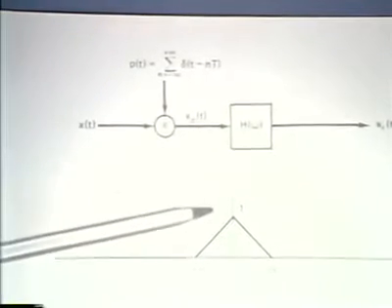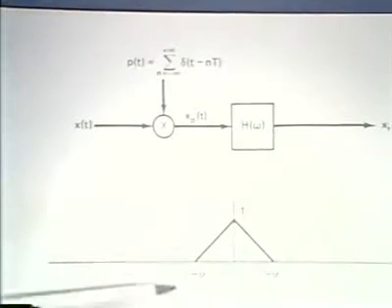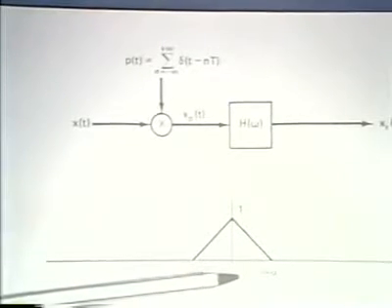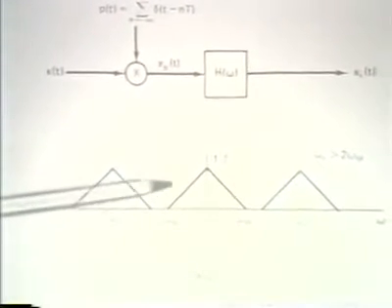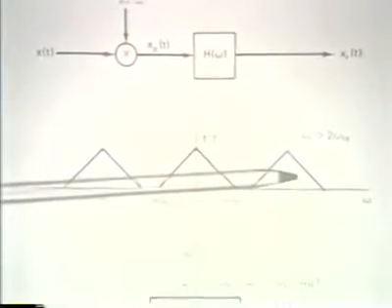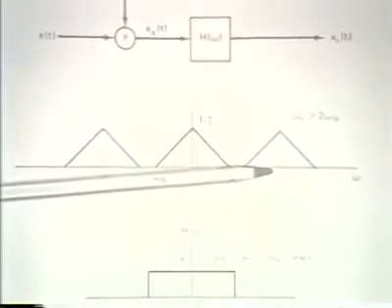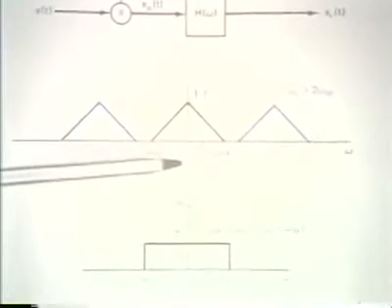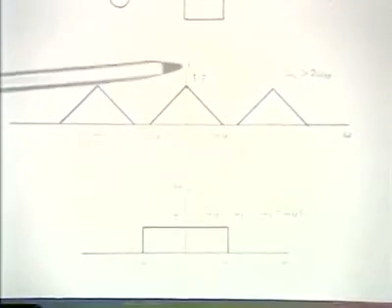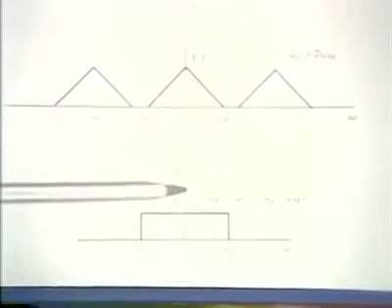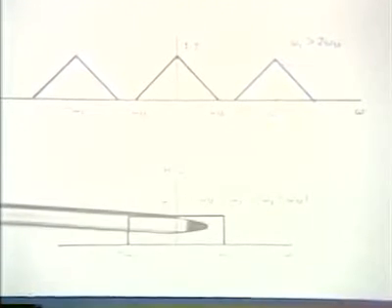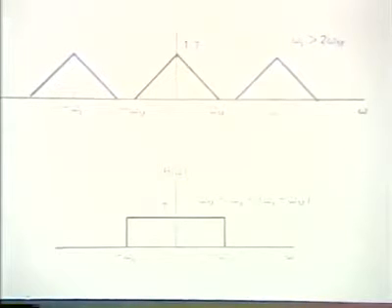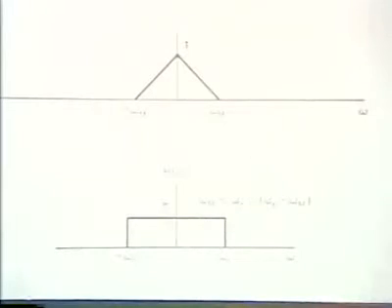The Fourier transform I show here of the original signal, and after modulation with the impulse train, the resulting spectrum is replicated around integer multiples of the sampling frequency. And then finally, to generate a reconstructed signal, we multiply this in the frequency domain by the frequency response of an ideal low-pass filter, and what that accomplishes is recovering the original signal.